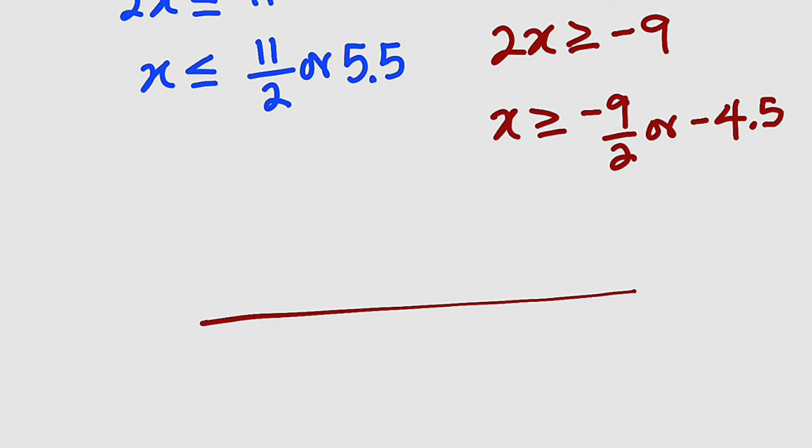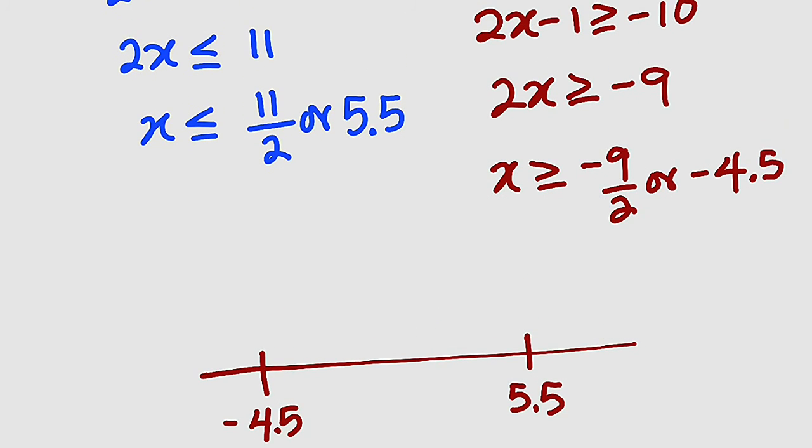If you have a number line like this, 5.5 is greater, so you bring it to the right, 5.5, and you can bring negative 4.5 to the left hand side. It means that from the first one, x is less than or equal to 5.5. So this is 5.5. You know it is going to be a closed circle because 5.5 is included.